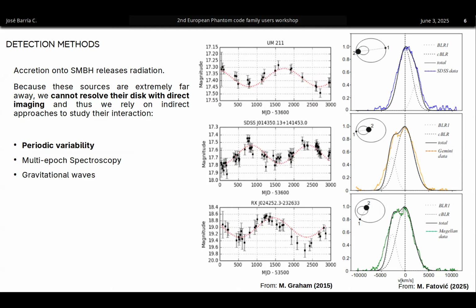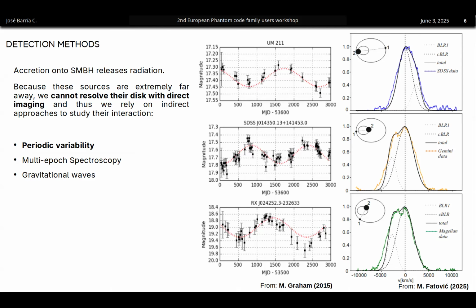In this case, multi-epoch spectroscopy, which consists of taking the spectrum of an emission line of these systems and fitting models that can allow you to infer properties of the binary system.